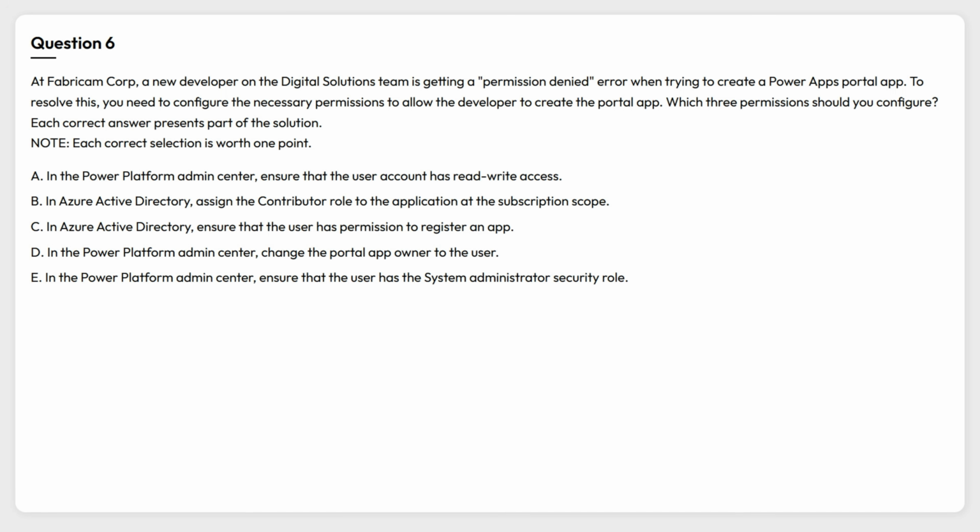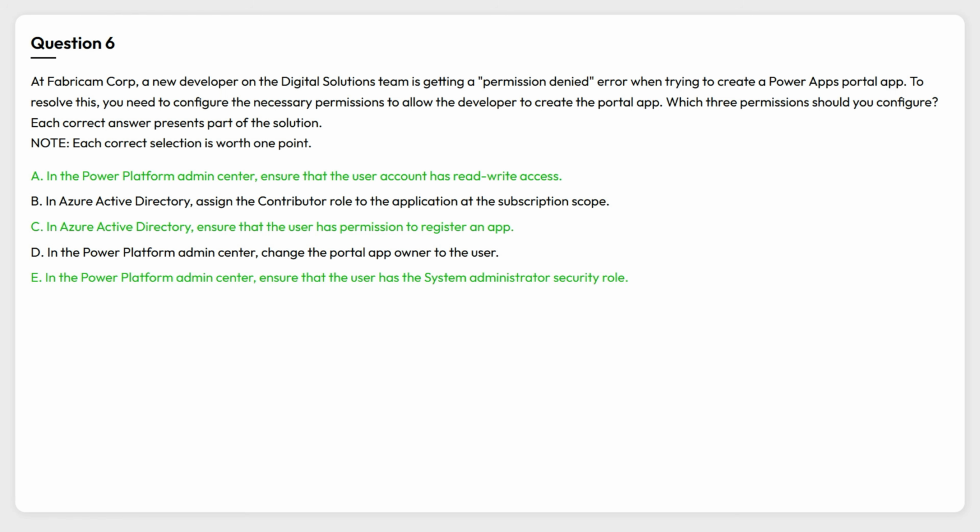Option C. In Azure Active Directory, ensure that the user has permission to register an app. Option D. In the Power Platform Admin Center, change the portal app owner to the user. Option E. In the Power Platform Admin Center, ensure that the user has the System Administrator security role.